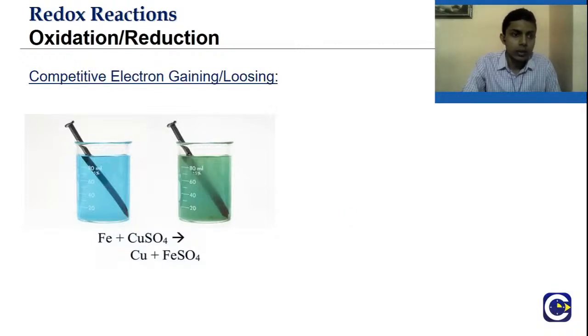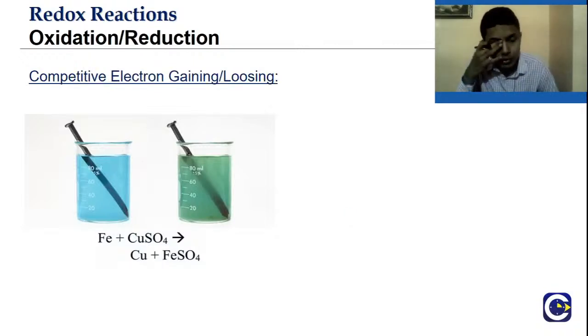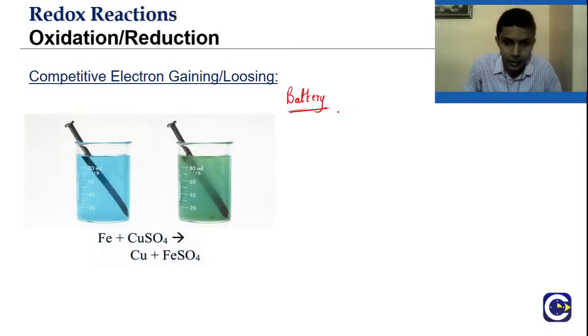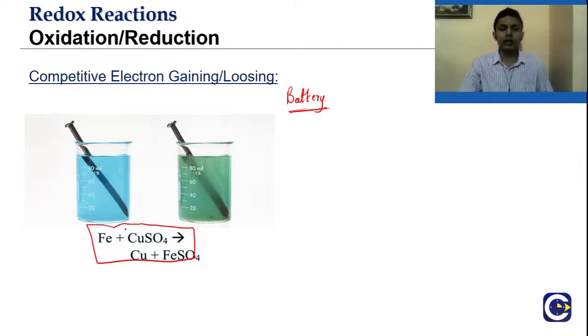This is the principle of battery working. In the case of batteries, what happens? This is one typical electrochemical cell. What is the principle of an electrochemical cell? Whatever energy is liberated during a cell reaction or any reaction is converted to electrical energy.